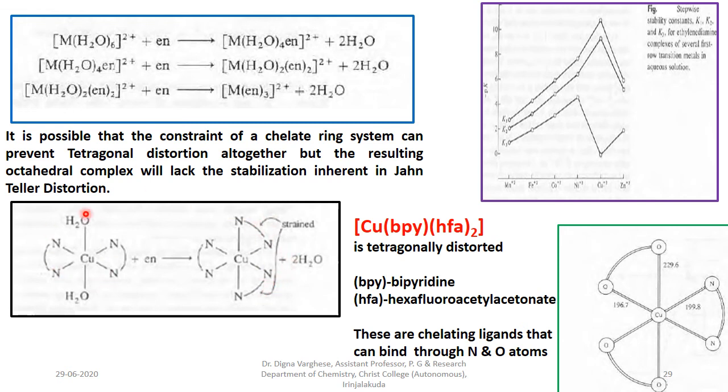The bis complex can distort easily because of the two axial water ligands. But in the case of the tris complex, ethylenediamine occupies the axial positions, so no distortion occurs without straining at least two of the chelate rings.